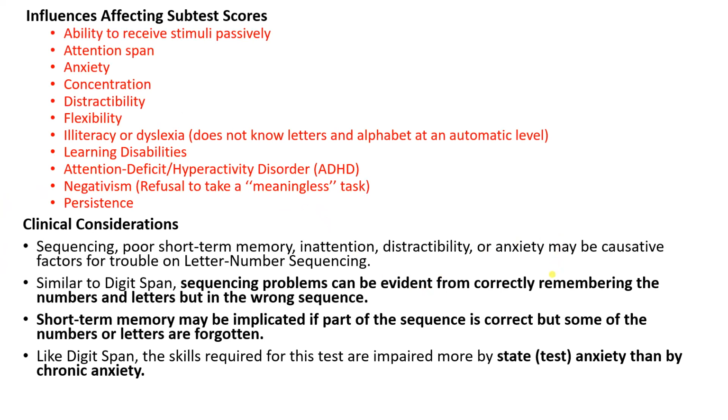And very similar to digit span, sequencing problems can be evident from correctly remembering the numbers and letters. They know what numbers and letters were presented, but they are not able to present them in the correct sequence. They are presenting them in the wrong sequence.